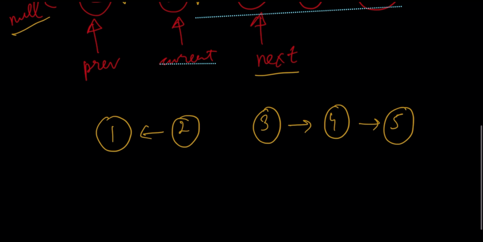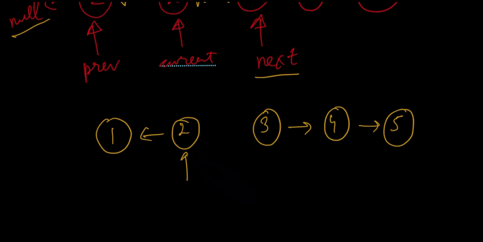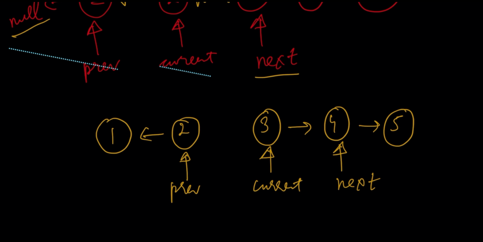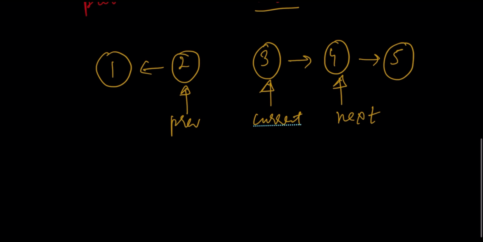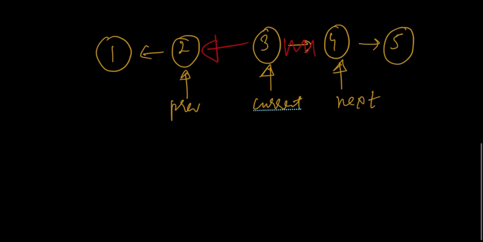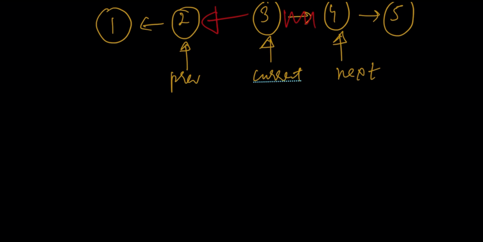Here previous would be current, current would be next, and the next one would be this. So here we're going to update this pointer to point to this, and as we keep going through the iteration we're going to have a situation like this.